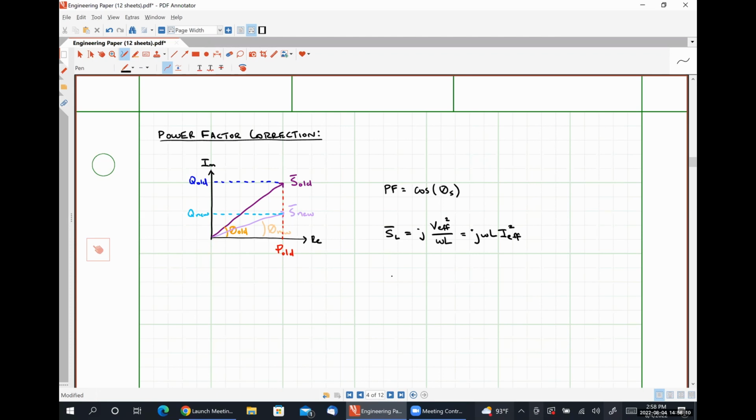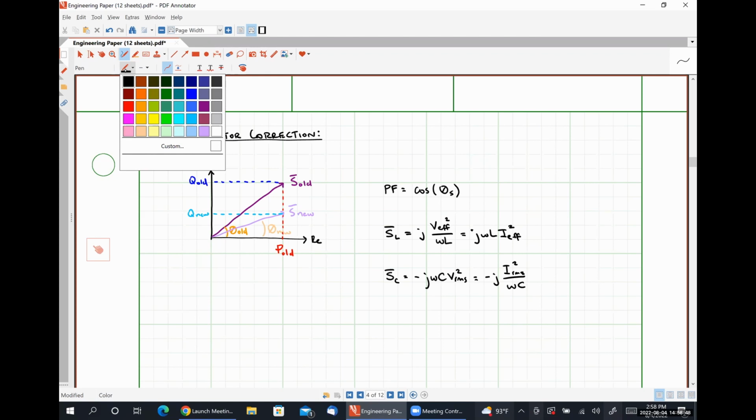For a capacitor, we found that S C, the complex power absorbed by a capacitor, was given by negative J omega C times V RMS squared, or negative J times I RMS squared over omega C. So if we put a capacitor into the system, we can actually lower the amount of reactive power that is being absorbed.